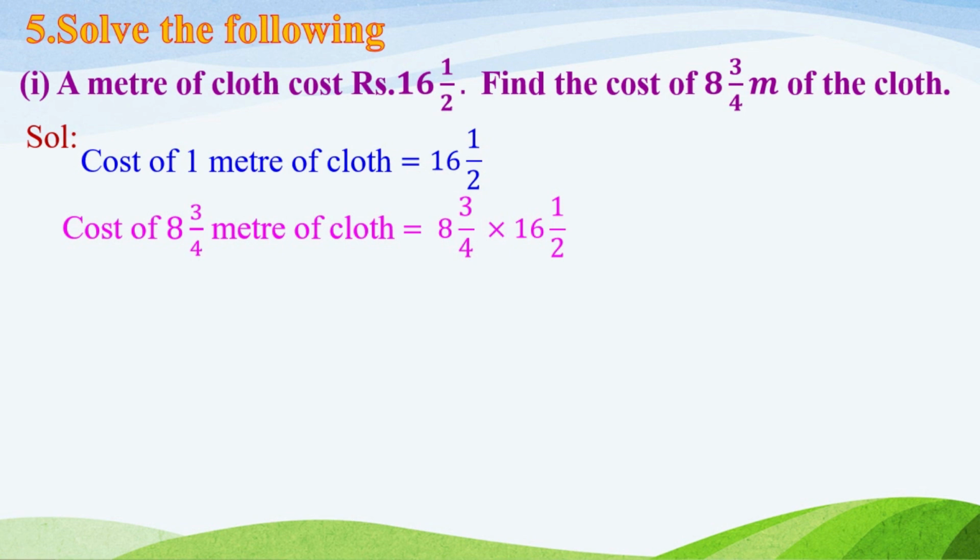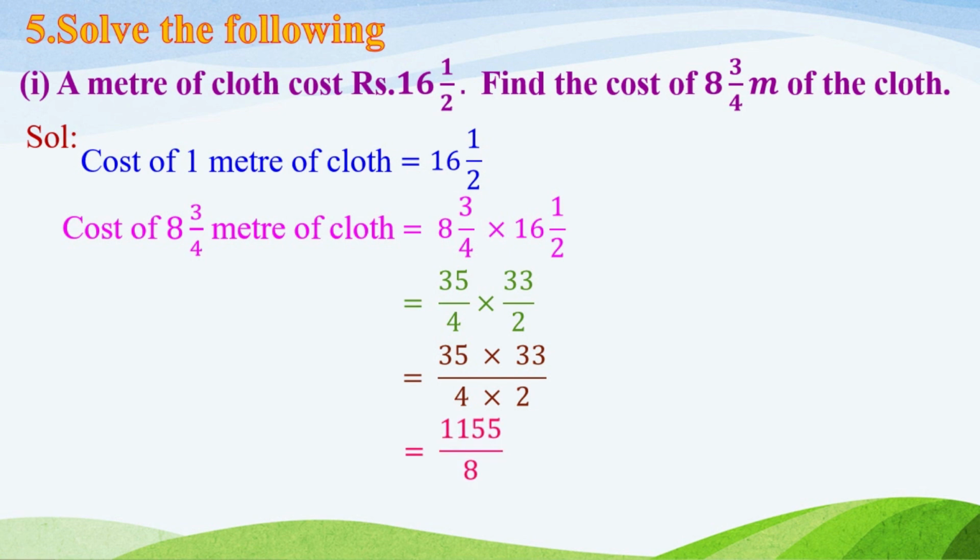Both are mixed fractions. First we have to convert into improper fractions. 8 4s are 32. 32 plus 3, 35 by 4 into 16 2s are 32. 32 plus 1, 33 by 2. It can be written as 35 into 33 divided by 4 into 2.